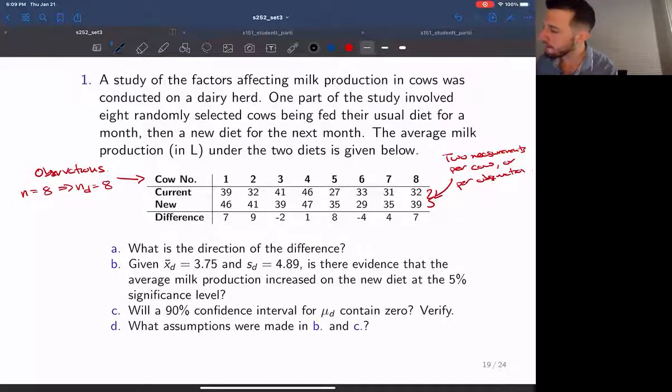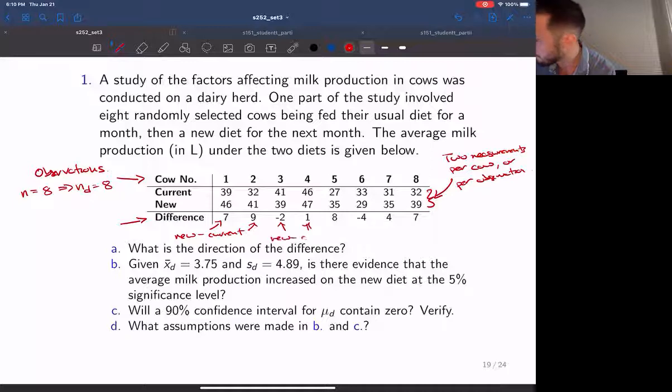You can see in the last row of this table, we have the differences. So we have 7, 9, -2, 1, 8, -4, 4, and 7. Each of these values is found by taking the new and subtracting the current. That's true in every single case.